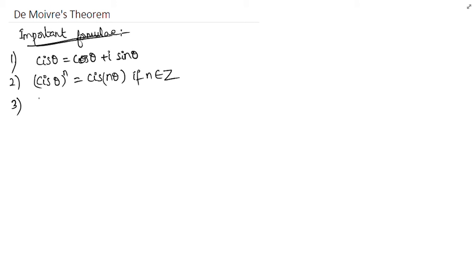And the next one, (cos theta plus i sin theta) whole power n can be written as cos n theta plus i sin n theta, where n is an integer.